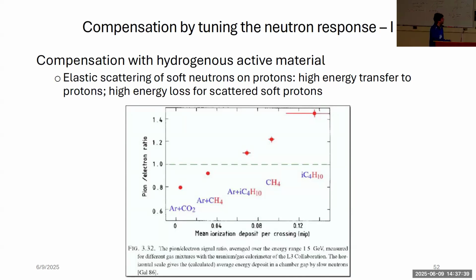I'll just go through it very quickly. So one is that you use a high Z absorber, but then you use a hydrogenous active material, so something that contains a lot of hydrogen. And if your active material contains a lot of hydrogen, then you get elastic scattering of the soft neutrons that are produced off of protons. So you get a high energy transfer to the protons, and then a high specific energy loss for those protons.